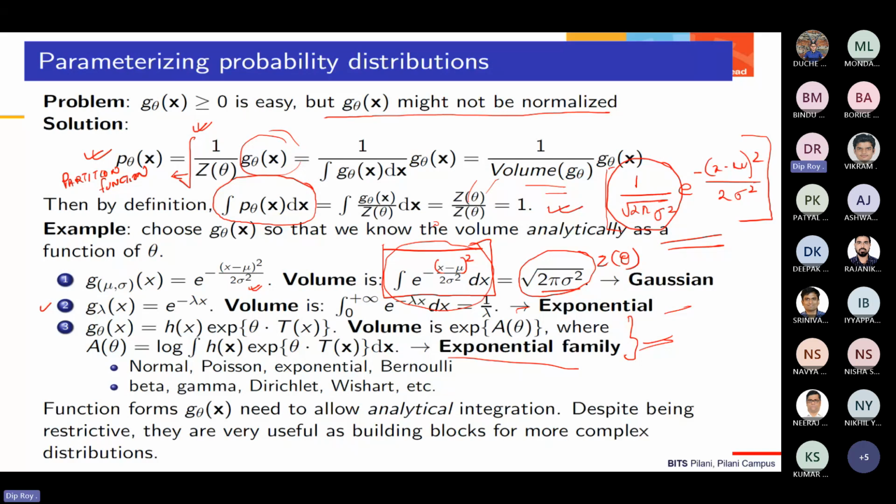That is the reason why we still cannot choose any arbitrary g theta. And this is where EBM comes in, where we want to define a neural network which is much more flexible and whose analytical form may not be known. The analytical form of the neural network may not be known, but we still want to use this machinery.